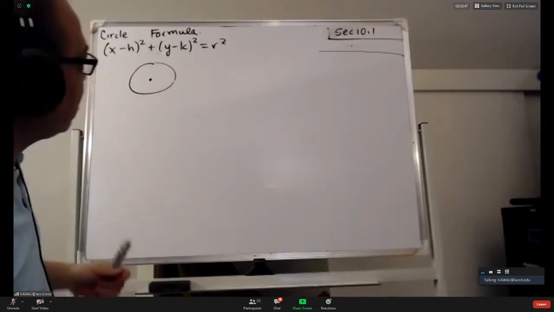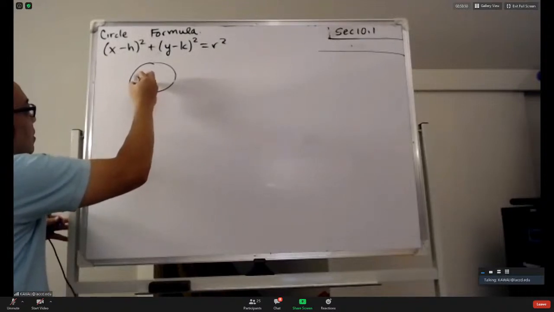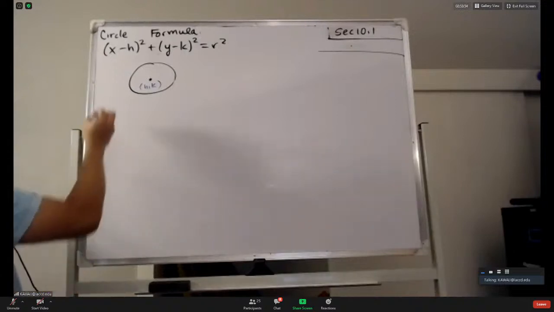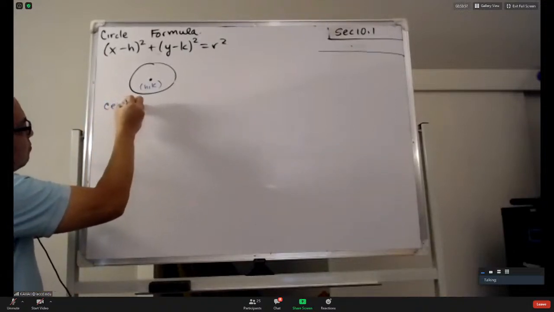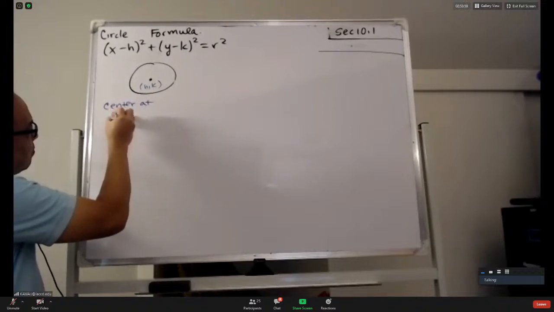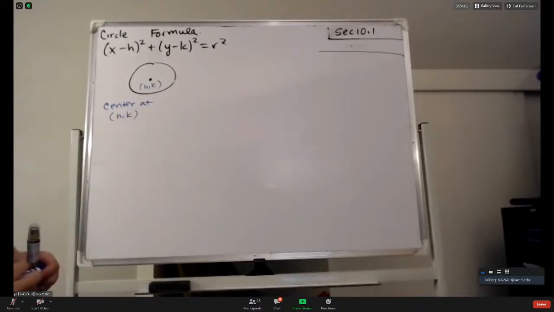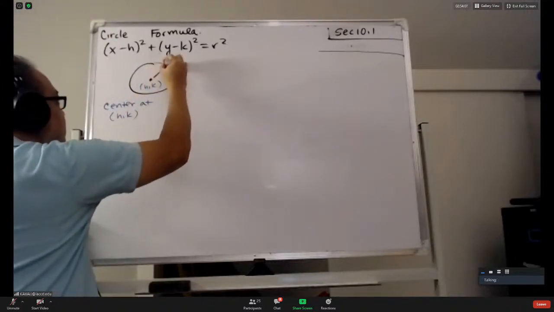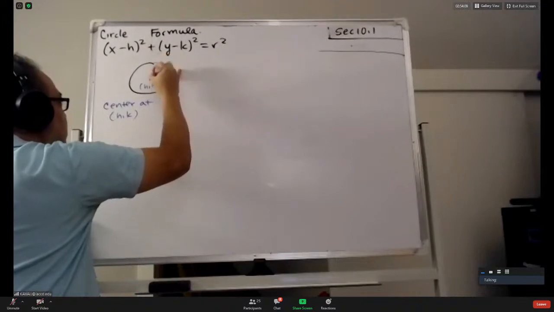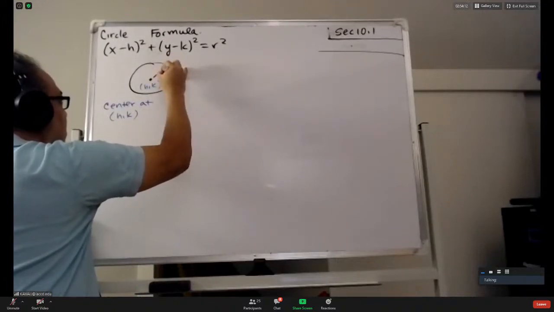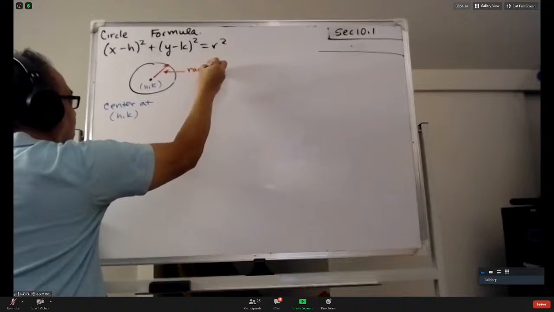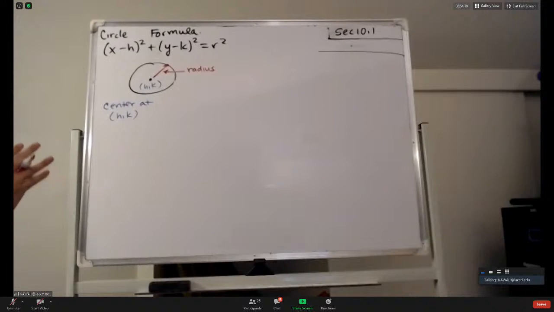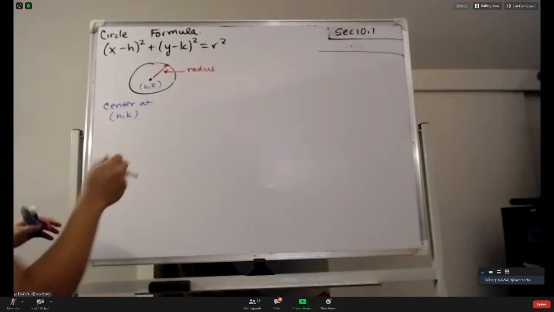I have the center, which is (h, k), and then I have my radius, which is r. The radius is the distance from the center to the outside of the circle.